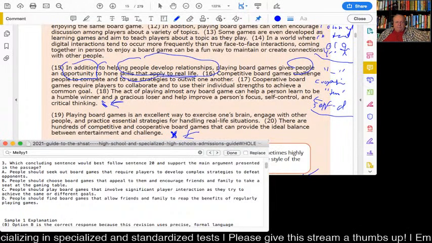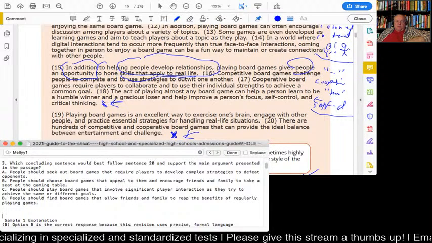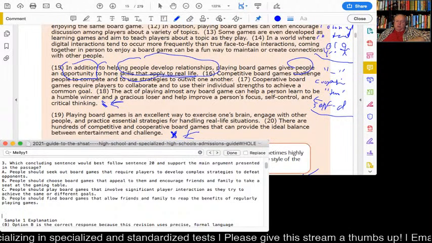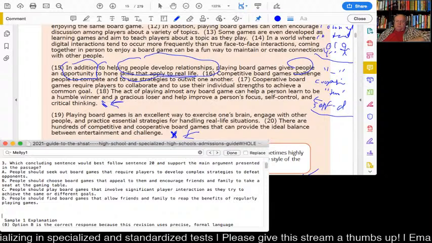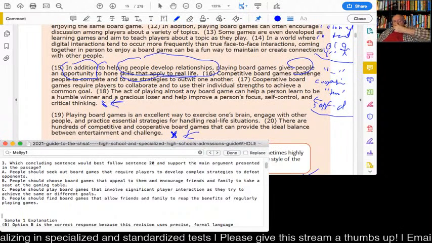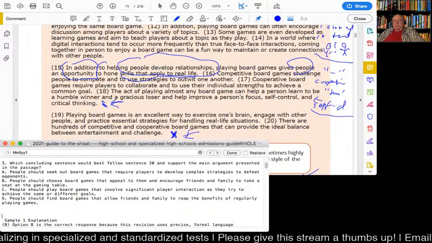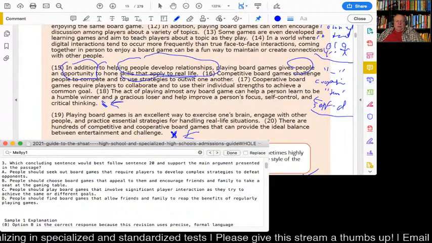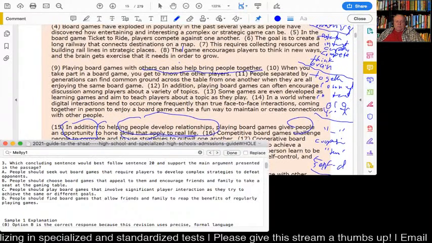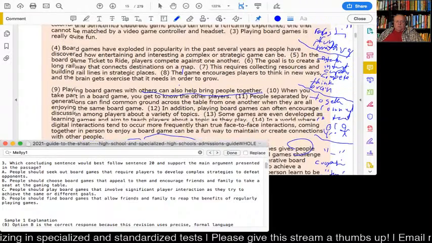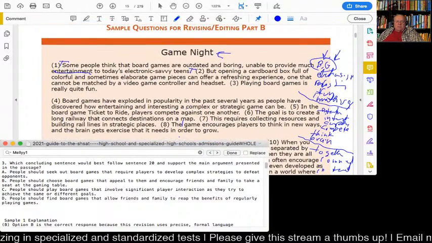People should choose board games that appeal to them. Cool. And encourage friends and family to take a seat at the gaming table. In fact, I think that was part of what it originally said, which was to invite your family or something, maybe in the second paragraph.